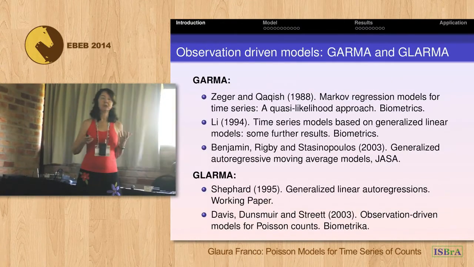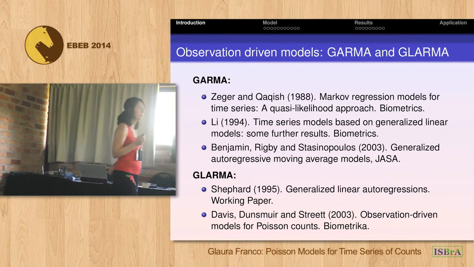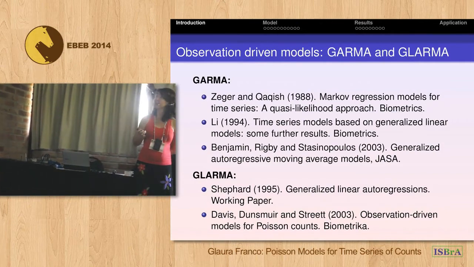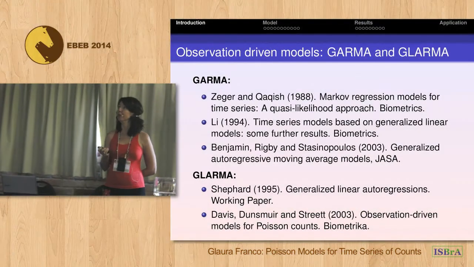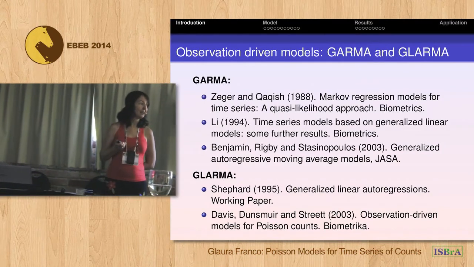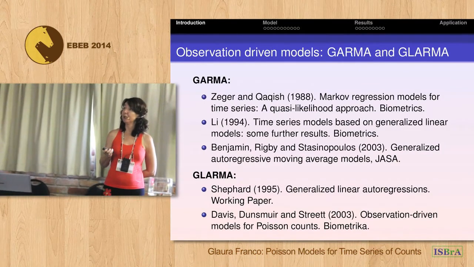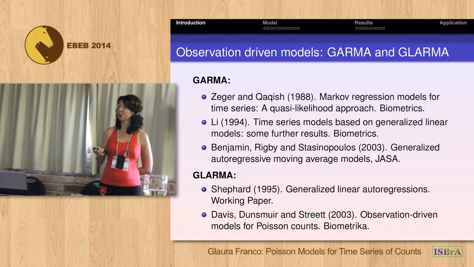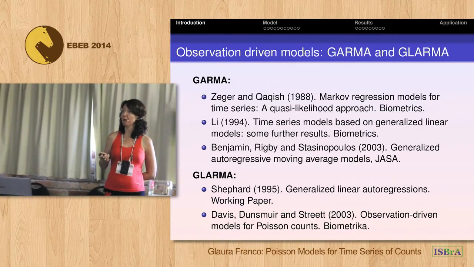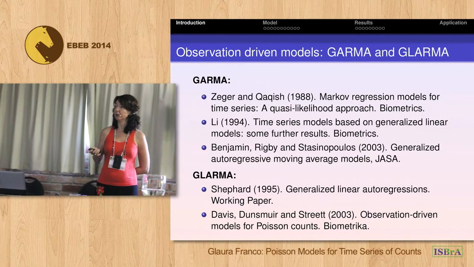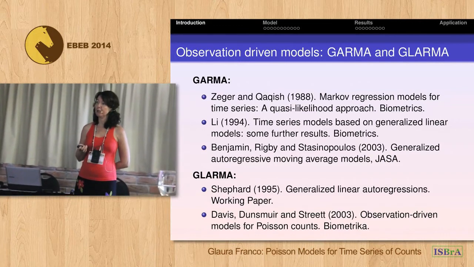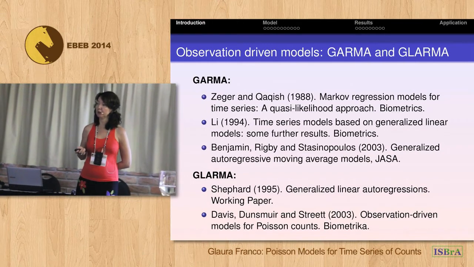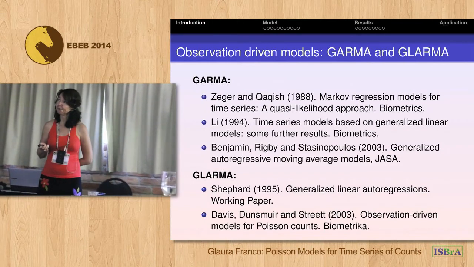There are many models in this class of observation-driven models, but I'm going to talk just about the Gamma and Glamour models. The names are very similar because they are really very similar, but they were proposed almost simultaneously in 2003 by Benjamin et al., a work published in JASA, and Davis et al., another paper published in Biometrika.